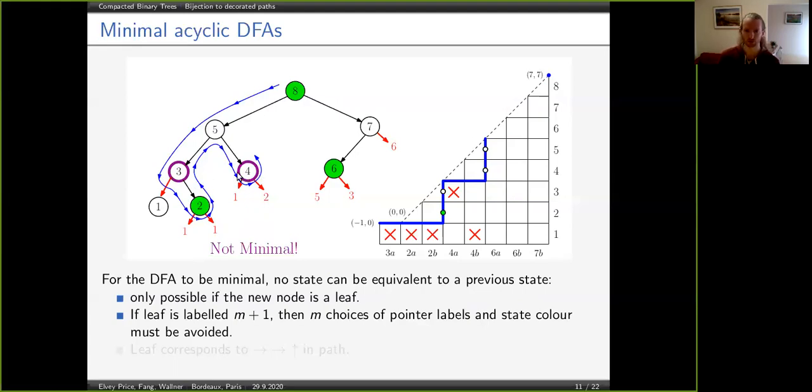Okay, so all that means is that when we create a new leaf, labeled m plus 1, there are m choices for the leaf which we have to avoid. Now in the path, a leaf corresponds to a right step, then a right step, then an up step. So it just means we need to avoid m things whenever we have a right, up.